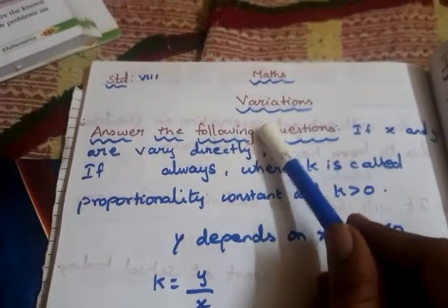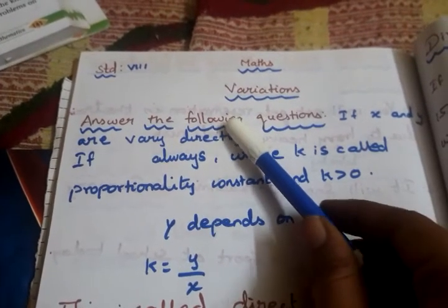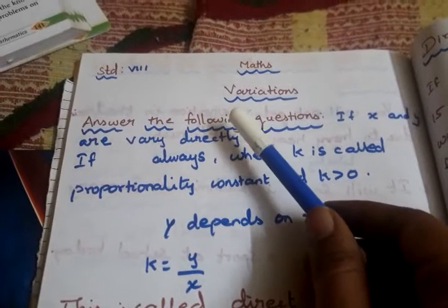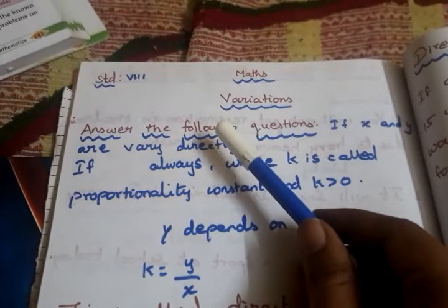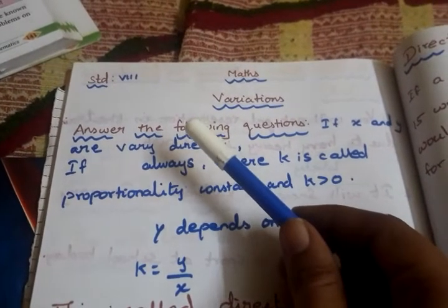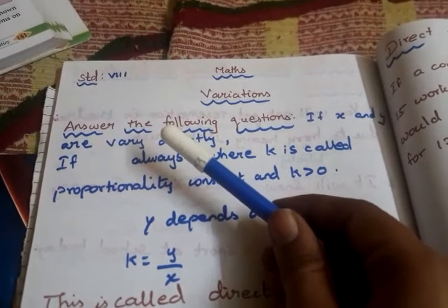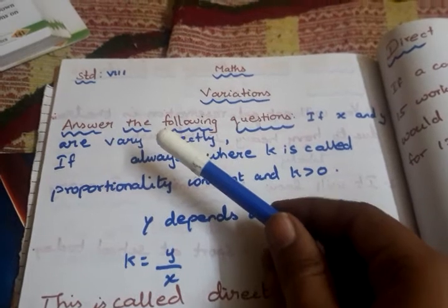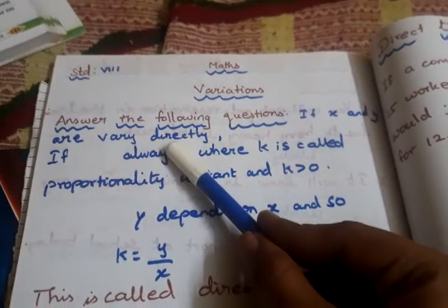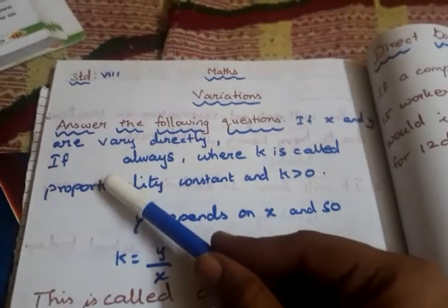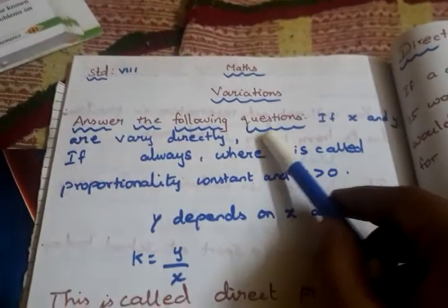What is a variation? Variation means if two quantities are such that an increase or decrease in one quantity makes a corresponding increase or decrease in the other quantity. For example, take vegetables: 1 kg of tomato and 1 kg of apple. If 1 kg of tomato costs 17 rupees, then 1 kg of apple costs 110.